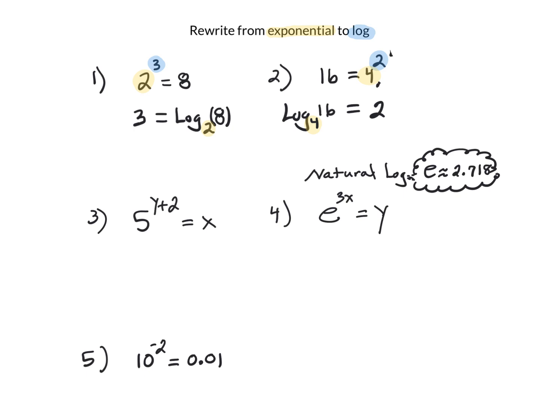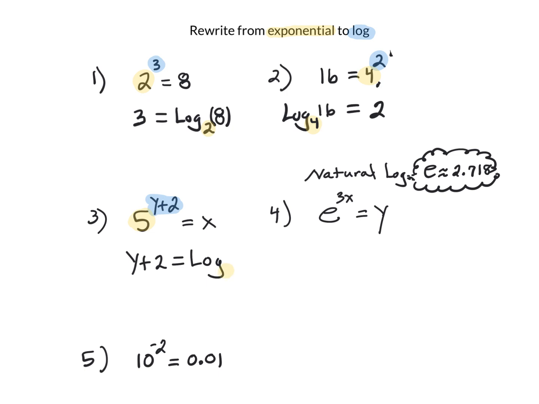So let's do the next one. To rewrite it as a log expression, whatever is the exponent should stay on the same side. So we're going to write y plus 2 is equal to log base, and since this base is 5, that's going to be the base of the log.